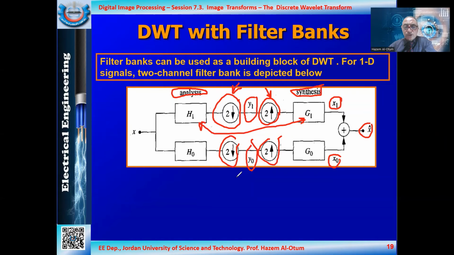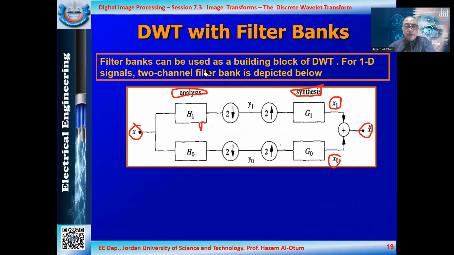This idea is just to keep the input X and the intermediate outputs Y1 and Y0 at half the size of X, and this will give us the possibility not to increase the size of the data after applying the discrete wavelet transform.